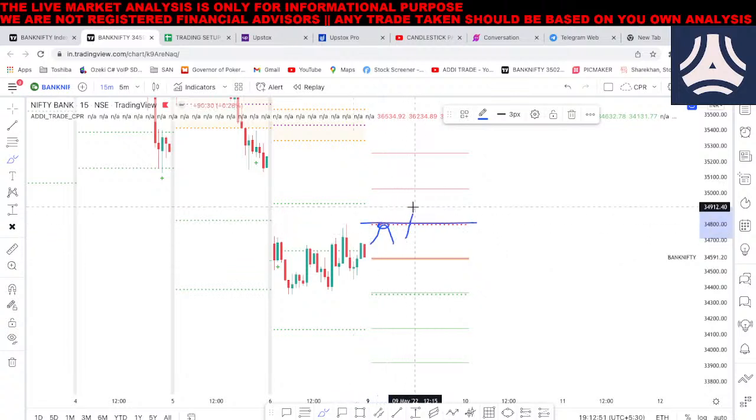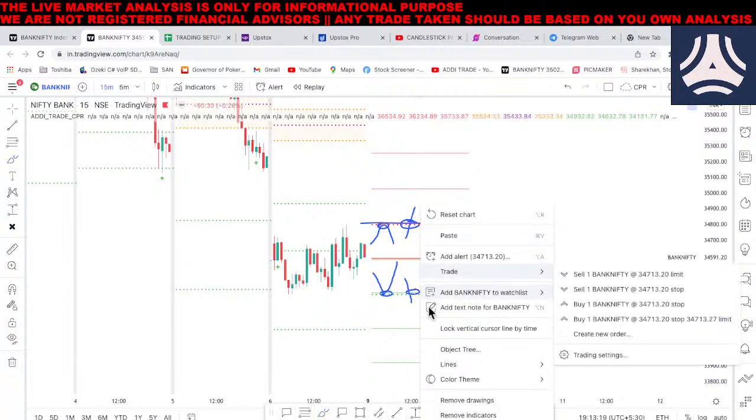If the price breaks out of R1 and we are expecting a hit of R2, our stop loss will be R1 itself. The same thing on the downside. If the price comes here, say we are taking support here and reversing back, our stop loss will be S1. In case we break S1 and we are going down, say we are going to hit S2, if we have that view, then our stop loss will be S1 itself.